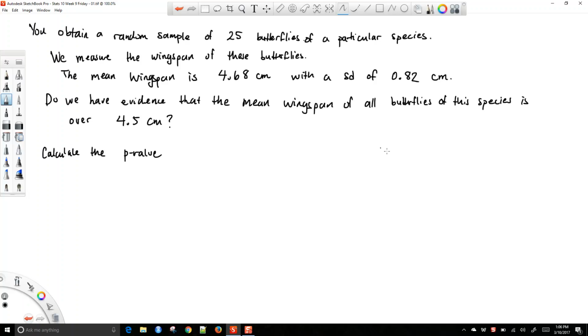All right, and we'll say your answer choices are: A, the p-value is less than 0.001; B, the p-value is greater than 0.001, but I think the, let me just double check.